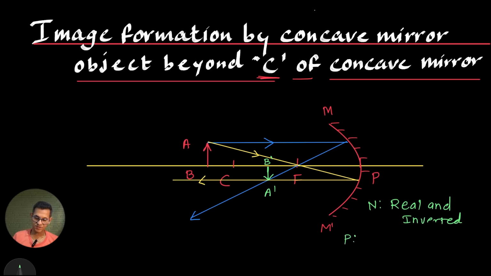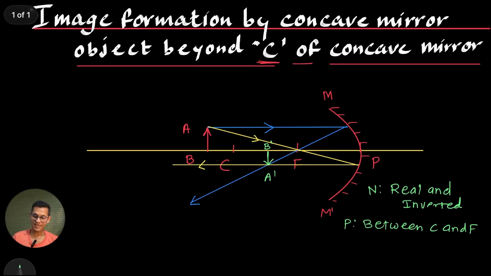For position, I will say between C and F. And for size, I'll say diminished. Diminished because it is smaller than that of the object.